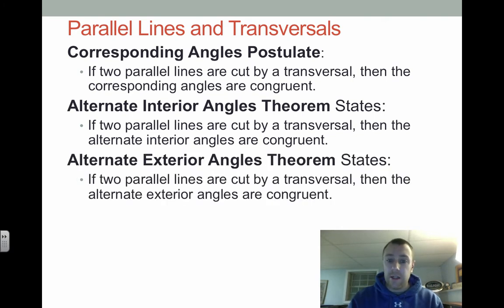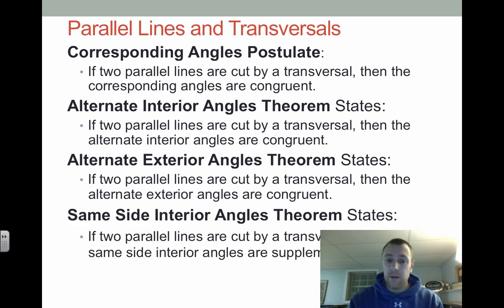Alternate exterior angles are congruent. Same side interior angles are supplementary. So if you have any corresponding, alternate interior or alternate exterior angles, if there's algebra, you just set them equal to each other. For same side interior angles, you add them together and set them equal to 180 degrees.